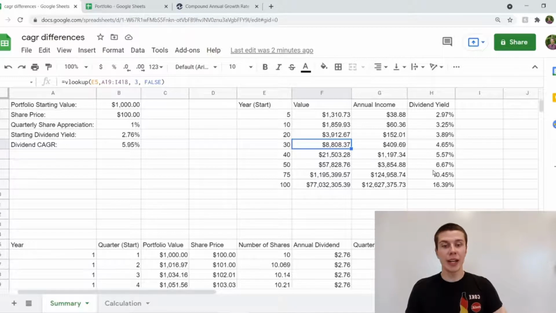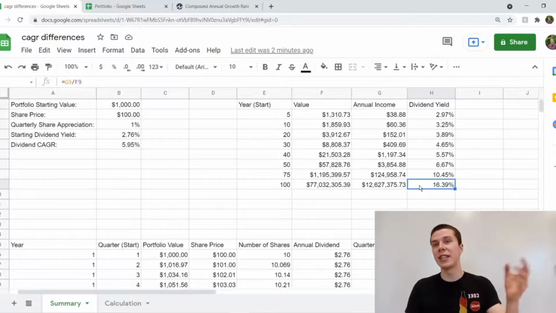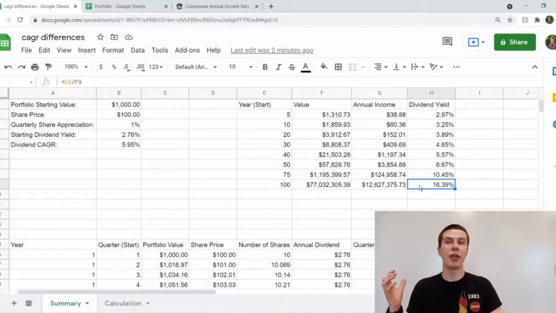But the one thing you've got to keep in mind is that near the end here, it says the dividend yield is 16%. Well, that's really not sustainable, in my opinion, for companies, and that's just not going to work over the long term, because that's basically saying the dividends are growing faster than the share price. Which means you're going to get a higher dividend yield, but if the earnings aren't growing as quickly as the dividend, then they're probably not going to be able to keep increasing that dividend.